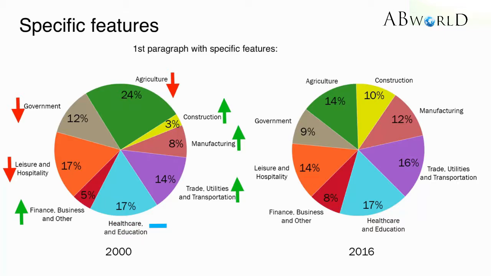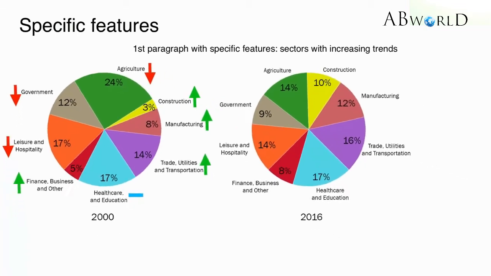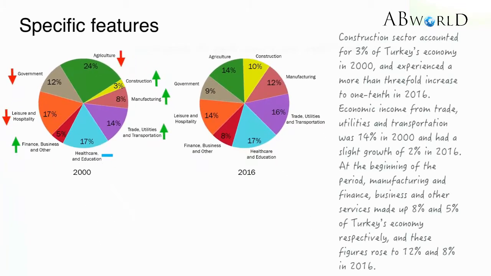In the first paragraph with specific features, I will describe sectors with increasing trends. And those are construction, trade, utilities and transportation, manufacturing, and finance, business, and other services. And here is my first paragraph. Construction sector accounted for 3% of Turkey's economy in 2000 and experienced a more than threefold increase to 1/10 in 2016.